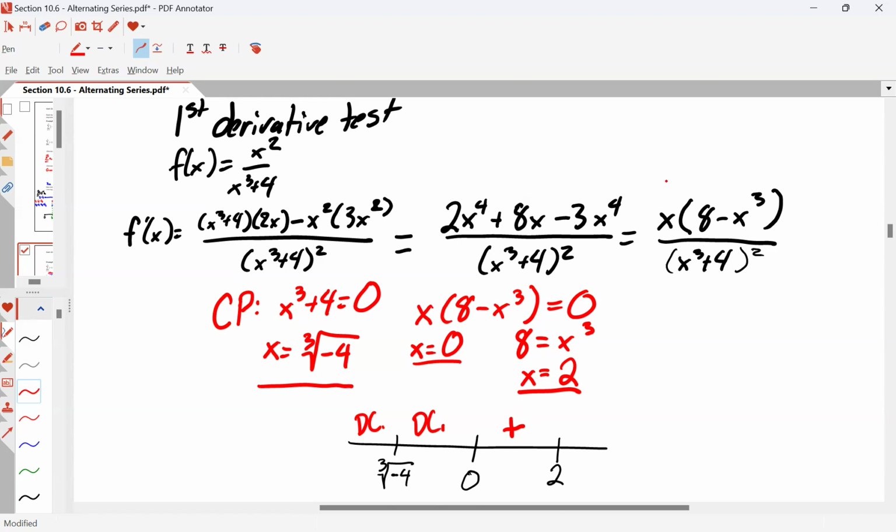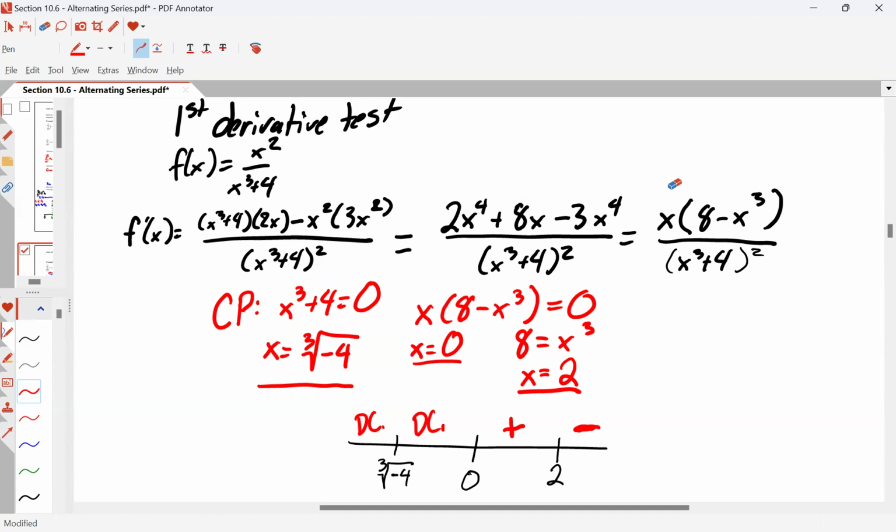If I plug in 3, x is positive. 8 minus x cubed would be 8 minus 27. That is negative. And then 3 cubed, 27 plus 4 squared is positive. Positive times negative divided by positive is a negative number. So there's our sign chart.